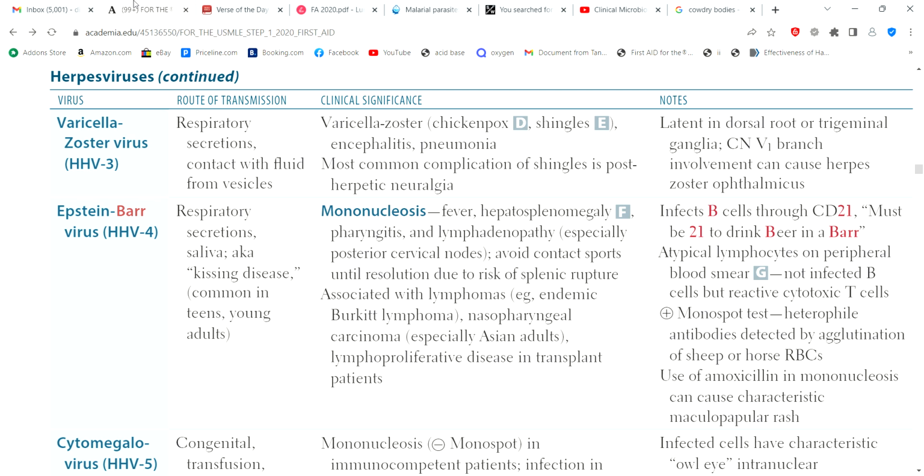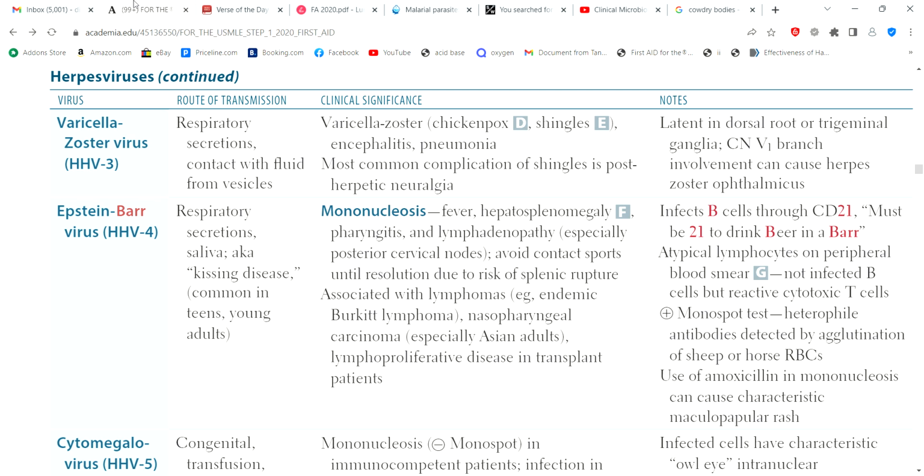So it causes a rash wherever the trigeminal nerve supplies, it causes issues there.